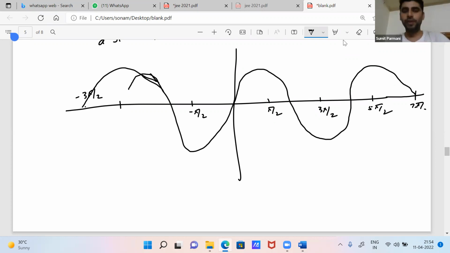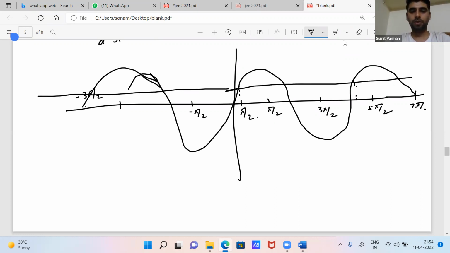Okay, so first solution is positive. Here we have first solution pi by 6. Second solution we will have here 1 by 2. Suppose this is 1 by 2.